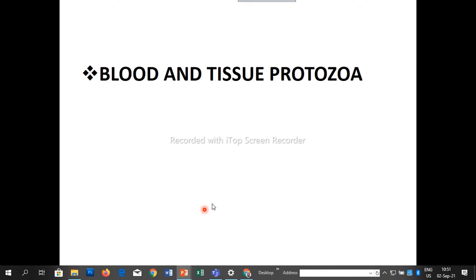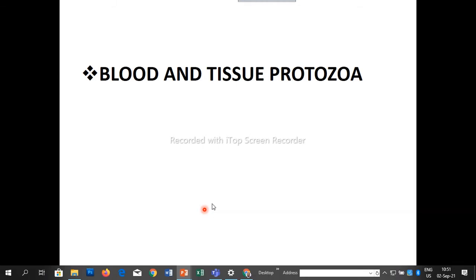As well, we have also Plasmodium falciparum, Plasmodium ovale, vivax, malariae that cause malaria infection that affects the red blood cells and causes anemia. And also we will see Babesia.